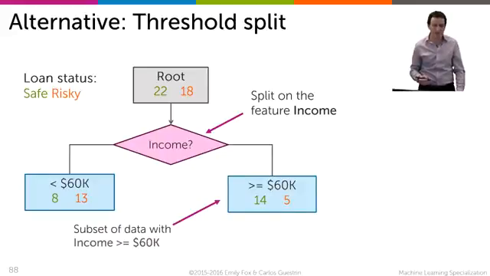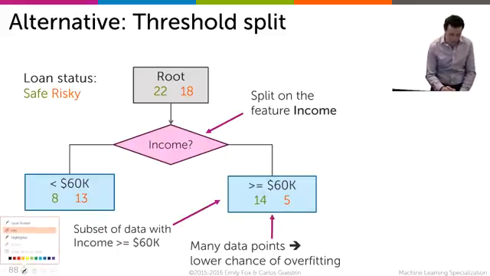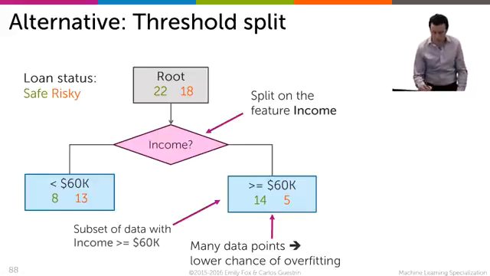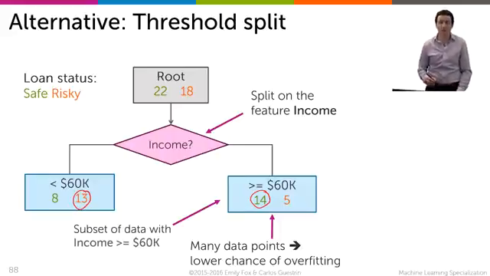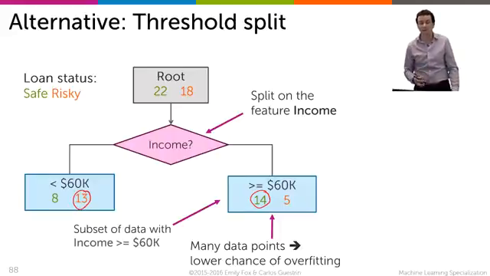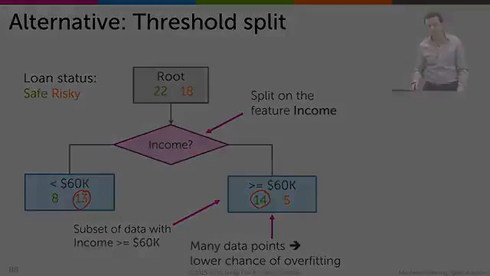And as we can see, we have a subset of the data here that has income higher than 60,000, and for those, we have many data points, so there's a lot less risk of overfitting. We see that 14 of them are safe loans, so we probably predict safe there, while 13 were risky, with income that's below 60,000, so maybe we predict those as risky. So this is a very natural kind of split that we might want to do with continuous-valued data.